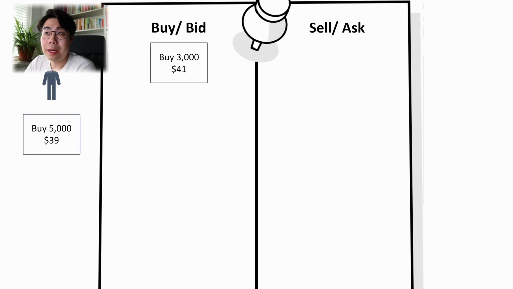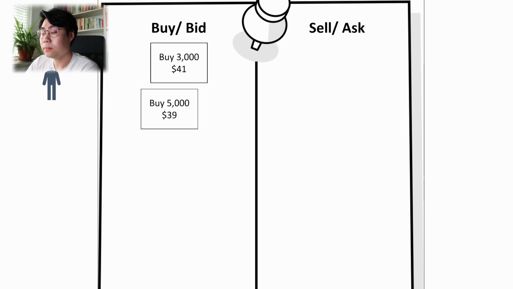If the prices are the same between 2 orders, then the one that came first has a higher priority. So let's say person 2 is buying 5,000 shares for $41, the same as person 1's price. Person 1 would have the priority because of timing. So the second order goes to the buy column and gets placed after the first order.